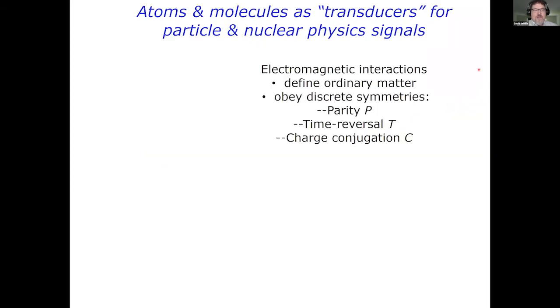The theme of my talk is really to talk about using molecules in particular, but also atoms as a sort of transducer for interesting physics signals in particle physics and nuclear physics. And the key observation here is that electromagnetic interactions define ordinary matter, but they also obey discrete symmetries such as parity and time reversal and charge conjugation.